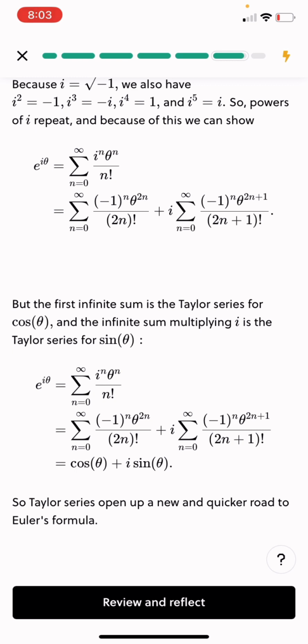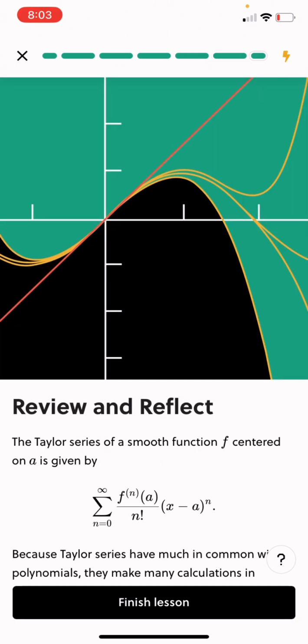And those equations will also equal cosine theta plus i sine theta, which could be useful to simplify these giant equations. So Taylor series opens up a new and quicker road to Euler's formula.